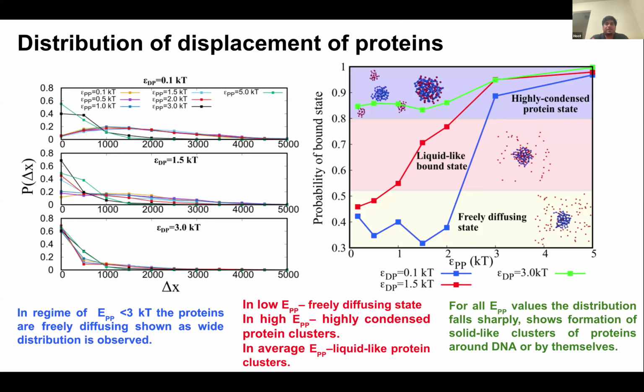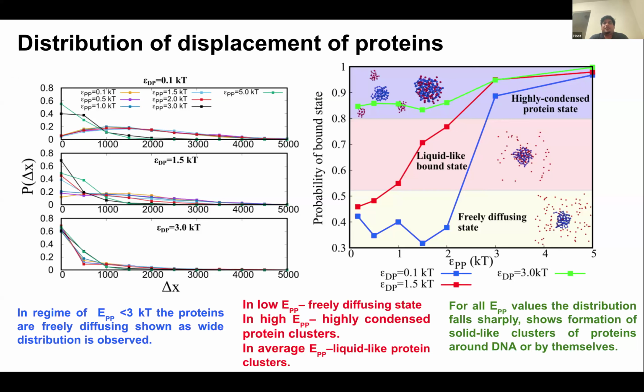When they form a phase separated cluster, there is movement inside, the function of the phase separated cluster is not affected, and the proteins can perform their function. So ideally, the displacement of protein should be high. That is what is required from the simulation.